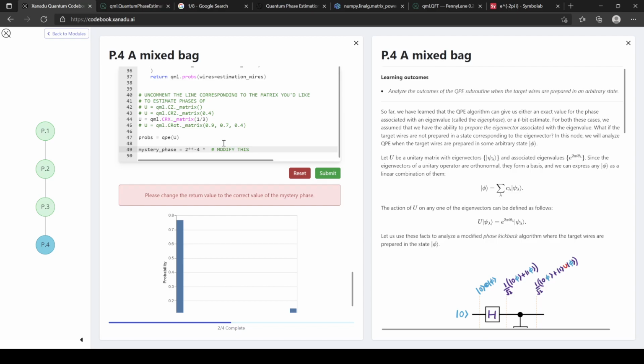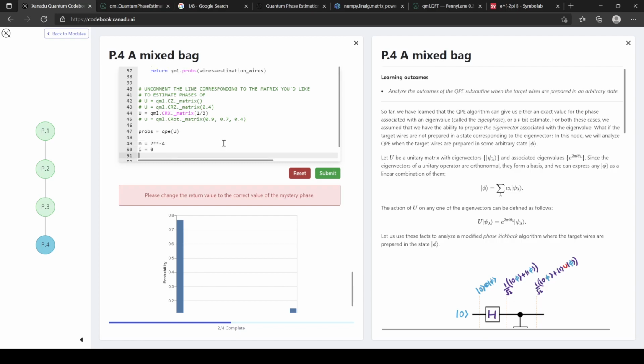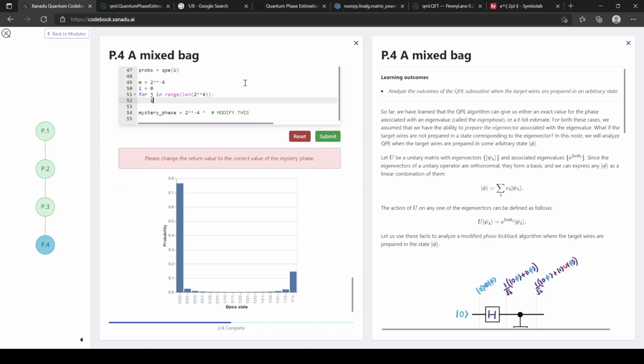What is it? Oh. I don't remember what this is. I plus I equals I. There we go.